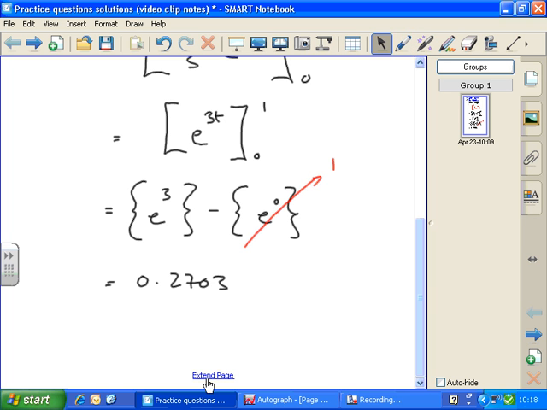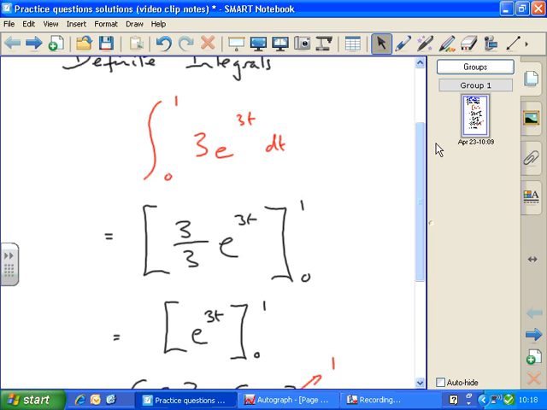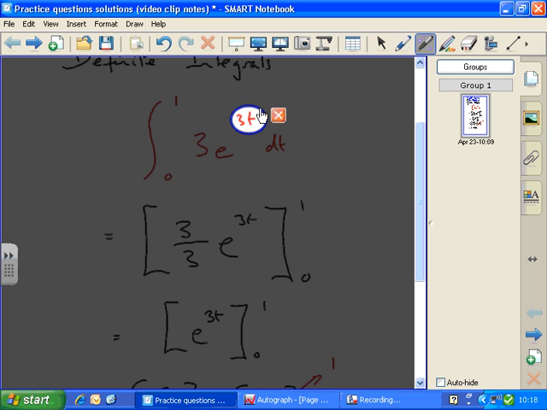Now we can sketch the curve. Well, if we look at the original function here, y equals 3e to the 3t, this is an exponential rise because this is a positive power.